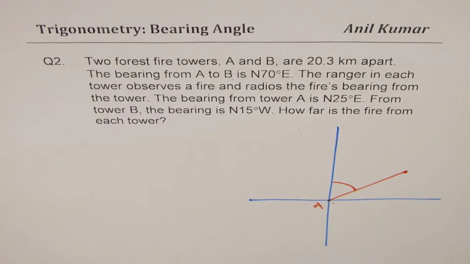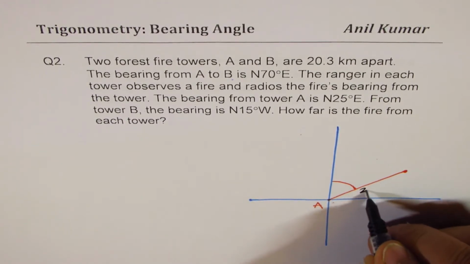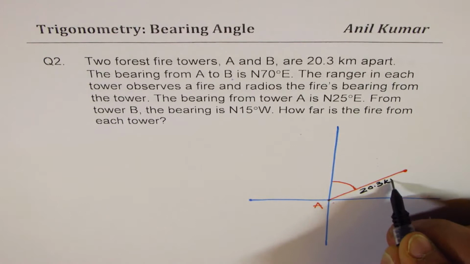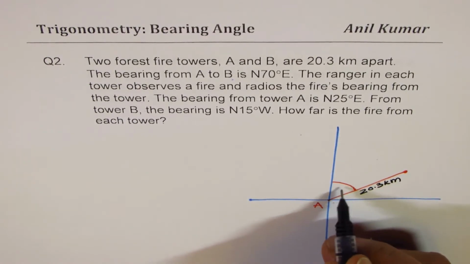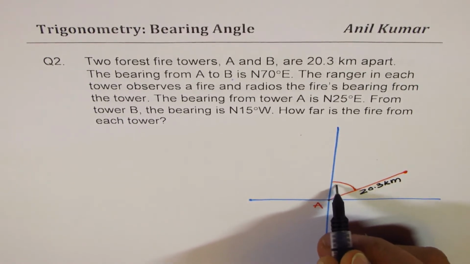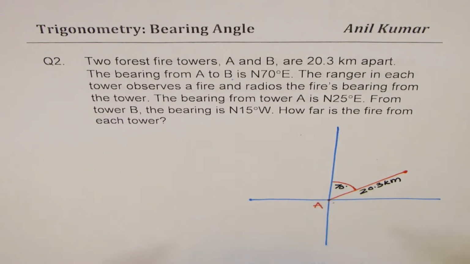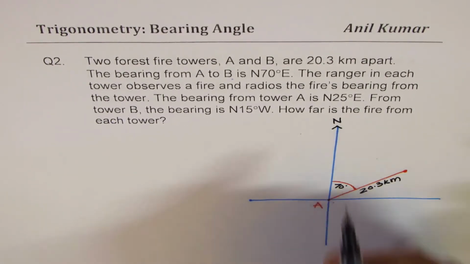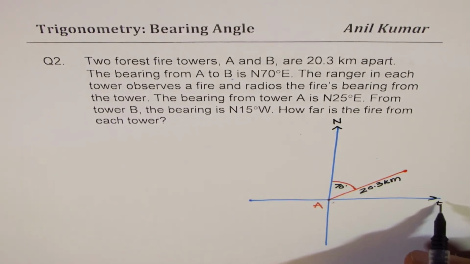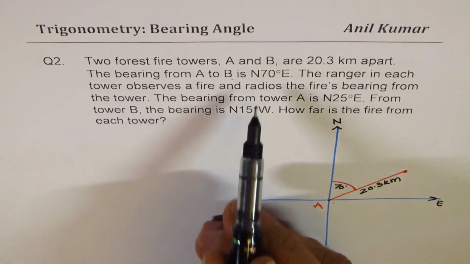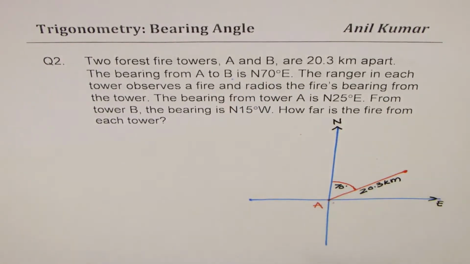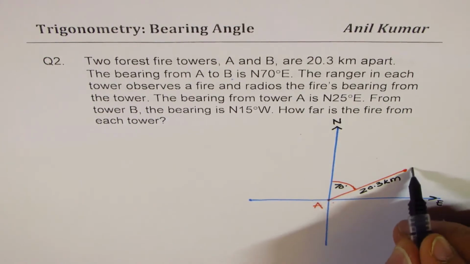That's the point. And the distance is 20.3 kilometers. And this angle here is 70 degrees. This is north for us, right? And this is east. So 70 degrees east from north, let's say the point is B.